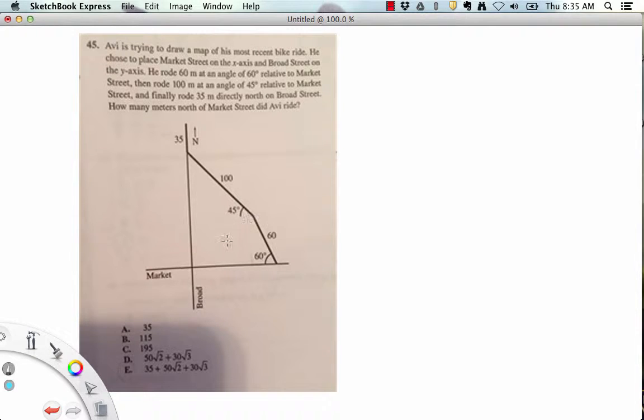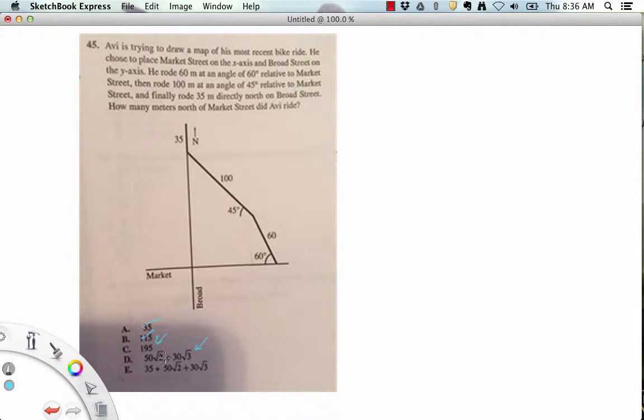The 100 would be down around here, right? So this distance here, that 115 looks pretty close. 35, no way. But then we do have to add the 35 to it. So 35 plus 100 plus a little bit, so this looks like that's out also. So maybe it's this. This looks very trigonometric.